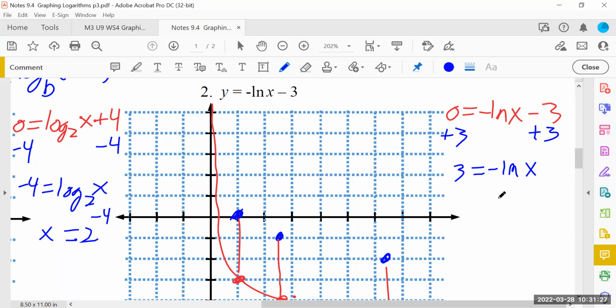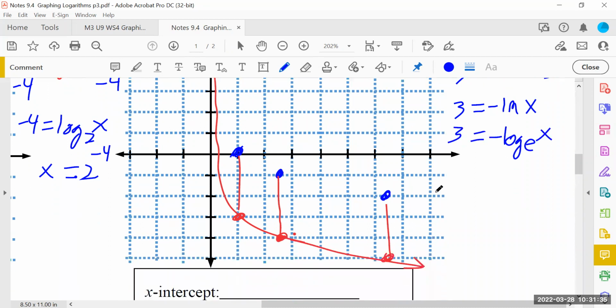But the natural log is log base e, so negative log base e of x equals 3. Let's get rid of that negative by multiplying both sides by -1 or dividing both sides by -1. So -3 equals log base e of x.